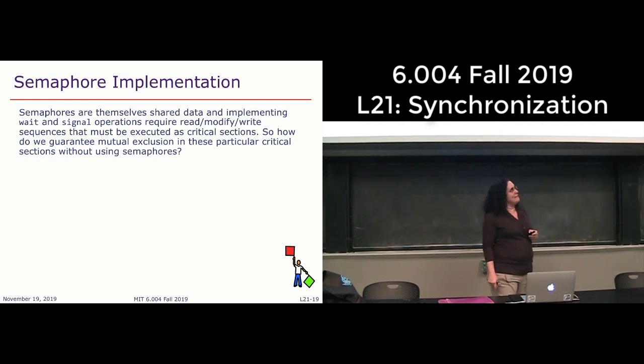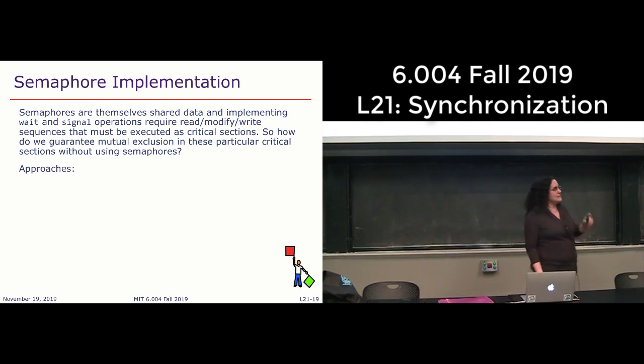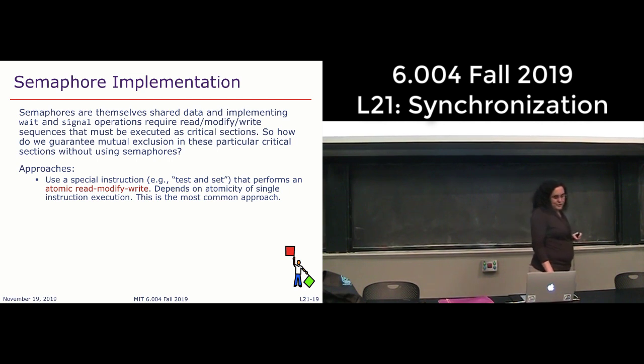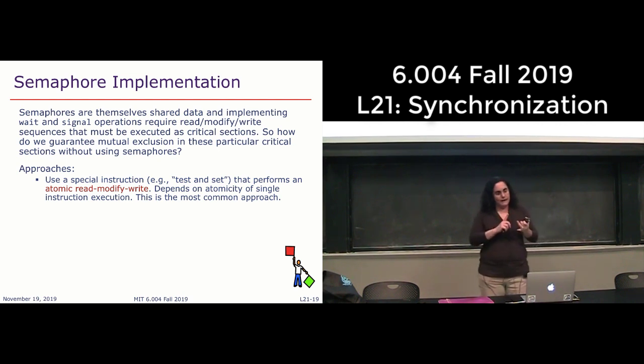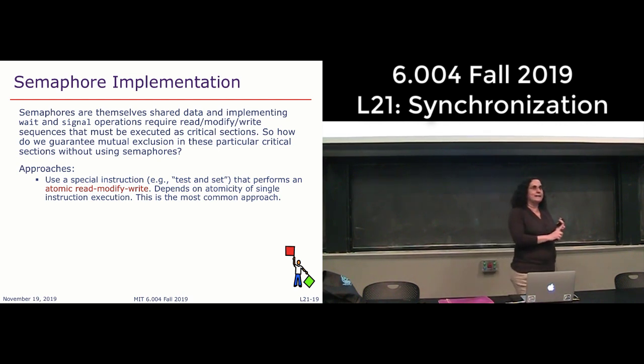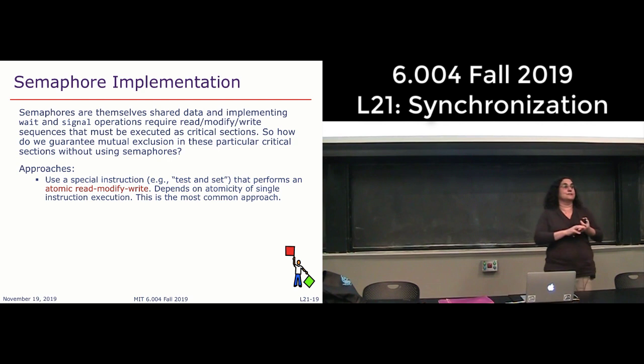And so the way that we actually implement these wait and signal operations is as follows. There's actually a couple of approaches. The first is that we use a special instruction which does a read, modify, write, all as part of a single instruction.